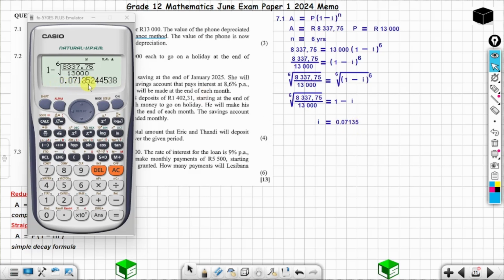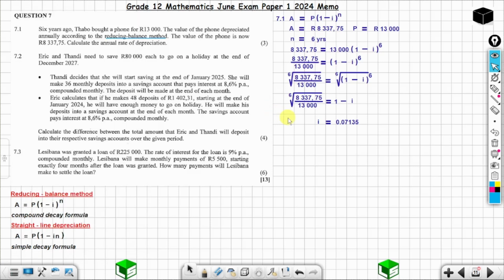Okay, so to find it in percentage, you are going to multiply by 100. By 100 you have 7.14%.